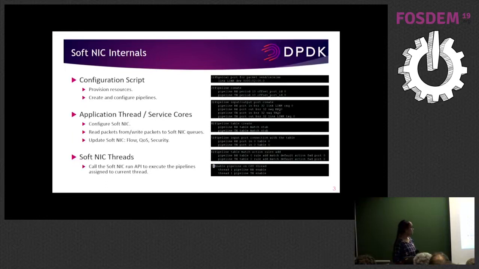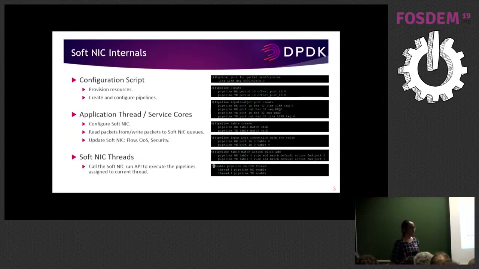First, these threads have to create a SoftNIC device as a virtual device in DPDK. For the creation, they need to pass this firmware script as an input. Then after creating the SoftNIC device, they have to create a number of receive queues and transmit queues of the SoftNIC, which defines the length of those queues.